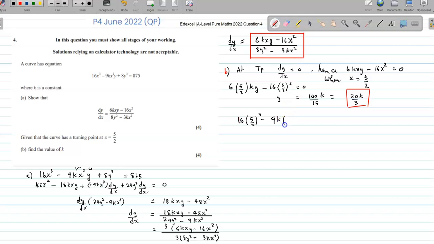We have the value of x, which is 5/2 squared, times y, which is 20k over 3, plus 8 times y, where y there is 20k over 3, cubed, and that equals 875.